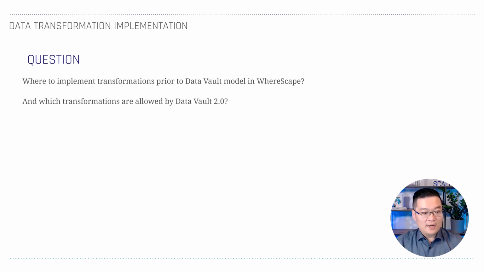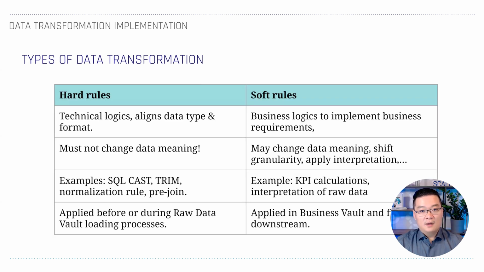First of all, before we get into how to implement data transformations prior to the Data Vault model in WhereScape, let's have a quick refresher about transformations in Data Vault in general. Transformations in Data Vault are categorized in two main buckets: the hard rules and the soft business rules.